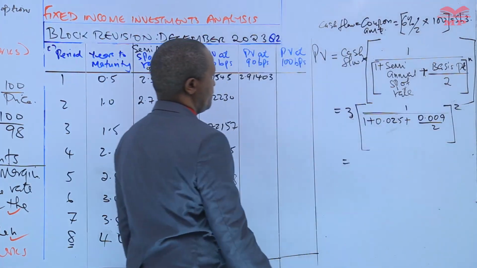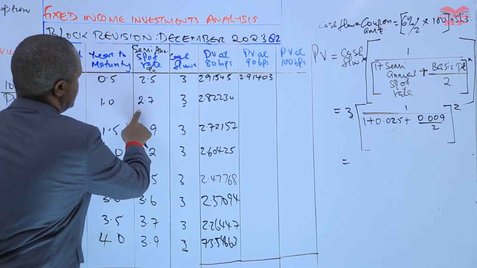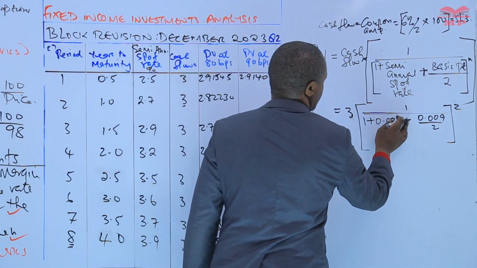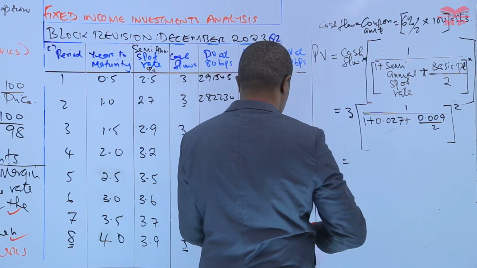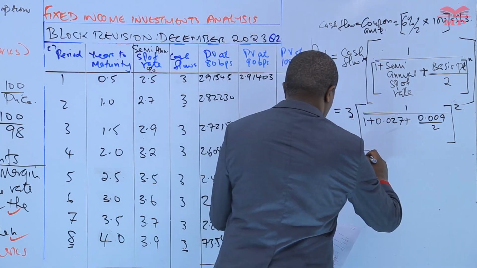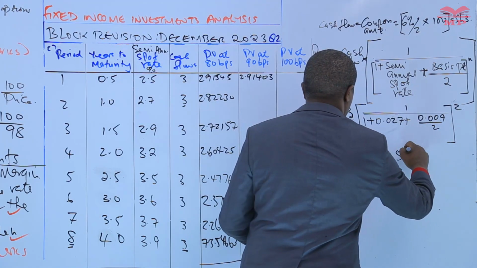The second period semi-annual spot rate is 2.7%. This will be equal to 2.81957.